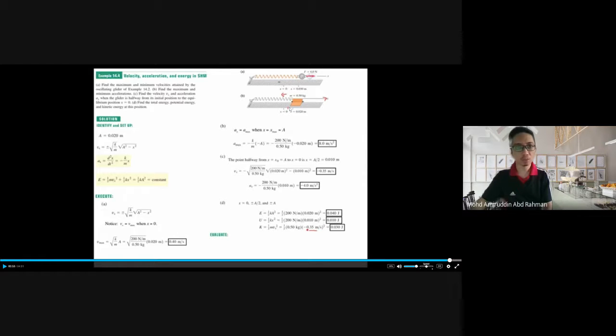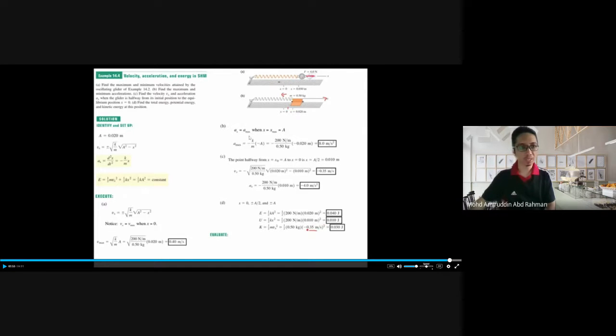The relationship for k is F equals kx, which means k equals F over x. So that is what we obtain: k is 200 newtons per meter.